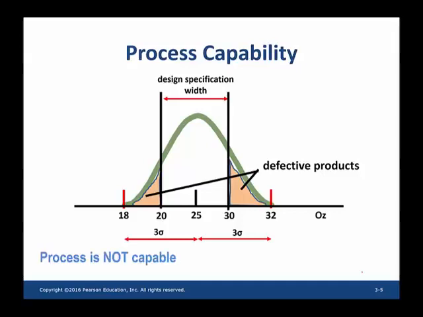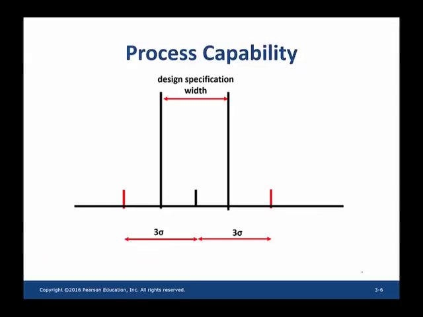Clearly, this process is not capable, because not all of the 99.73% of products fall within the design specification limits. Now, the question is, how can we quantify this process capability idea? It is by comparing two measures.